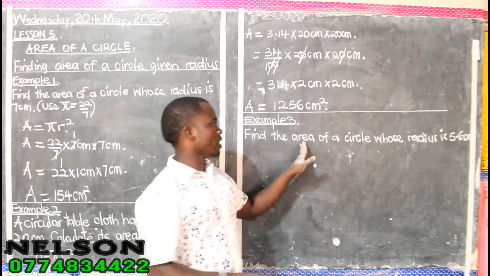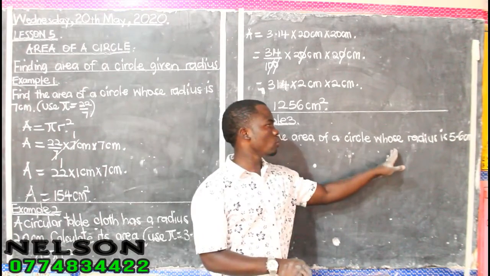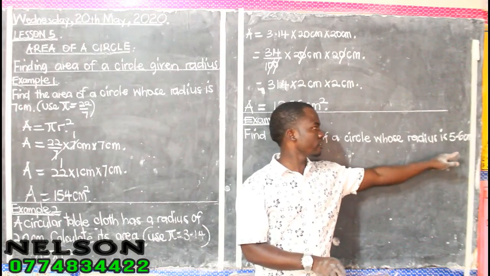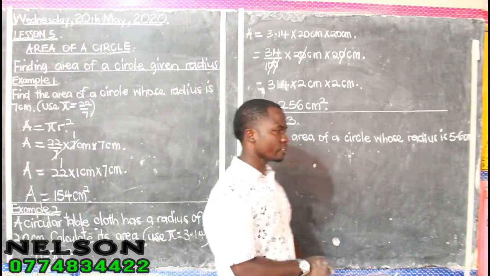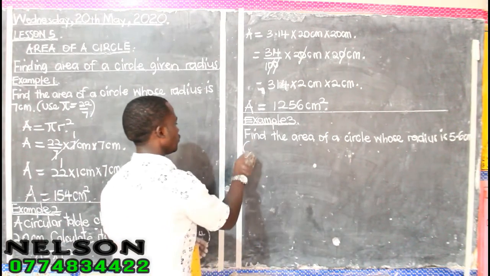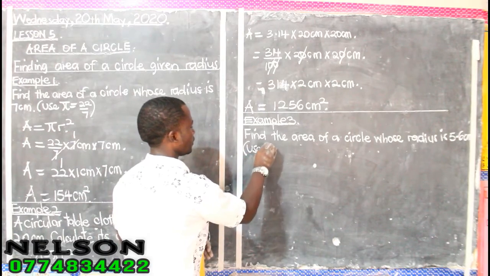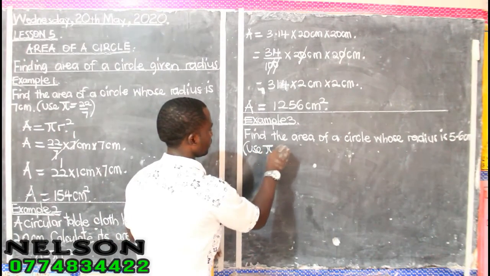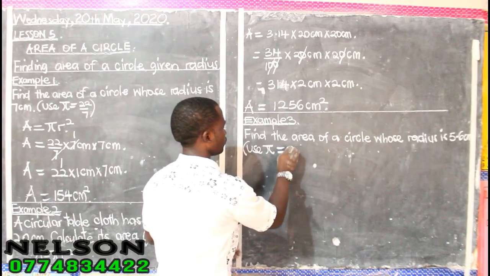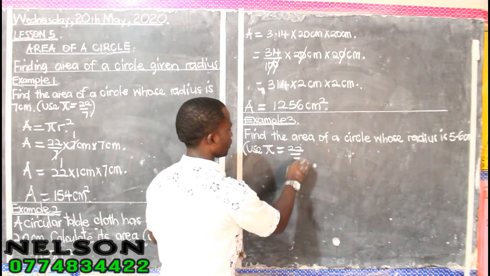Find the area of a circle whose radius is 5.6 centimeters. Use pi equals 22 out of 7.